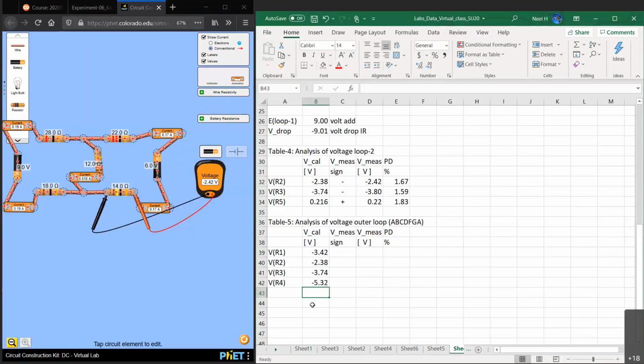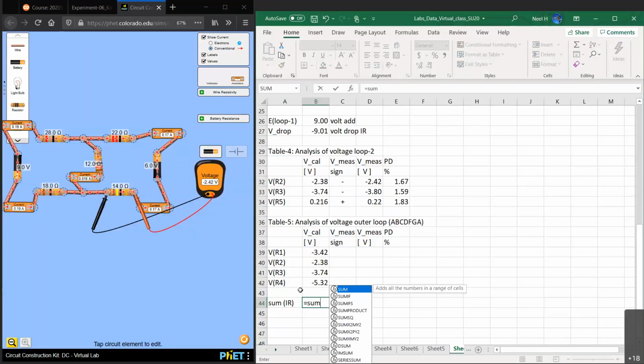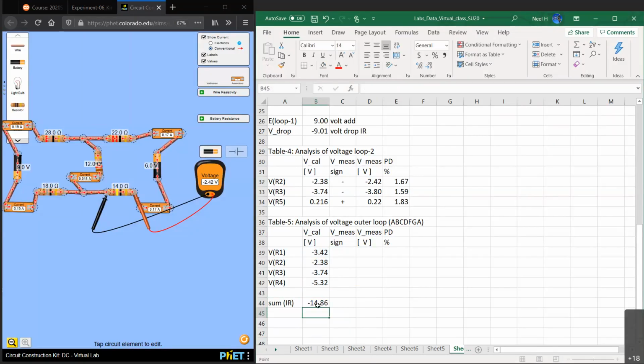Now to do a quick check, if you add all of these voltage values, that is the voltage drop, right? Let's add those things. So this is actually the sum of all the IRs, right? Let's add all of those together. You can add all of those by using the command called sum, parentheses, add all of these together. Then you're getting a voltage of 14.86, right?